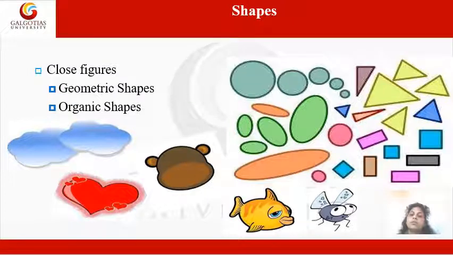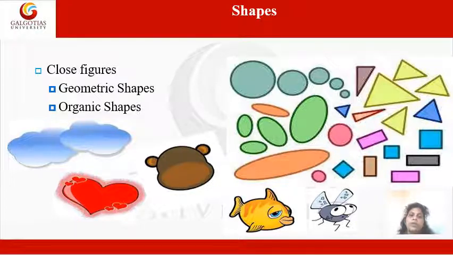Somewhere circle, somewhere cylindrical shape, and the triangle one, the rectangular one, the square one. So many more shapes are there. And when these shapes are combined, when these shapes are joined, they create a new picture.